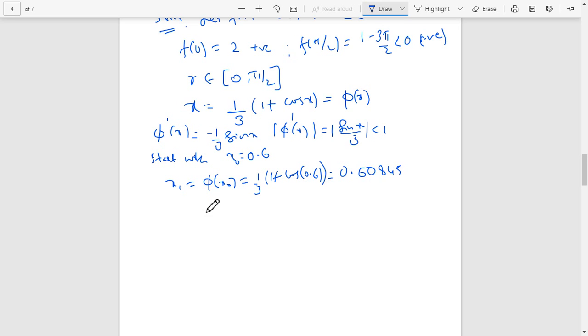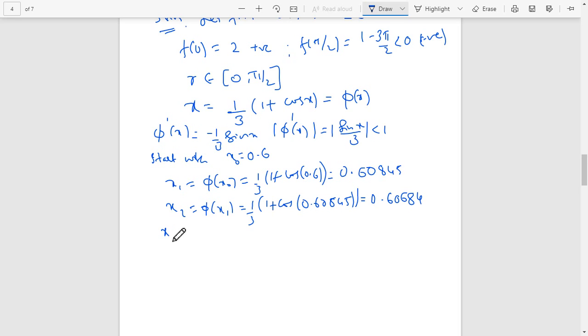Please check in your calculator. Now taking x1 as 0.60845, I am going to calculate x2, that is phi of x1. That is 1 by 3 of 1 plus cos 0.60845. This gives you 0.60684.